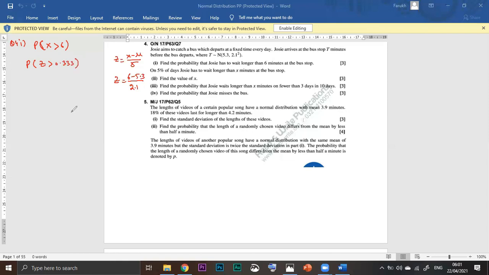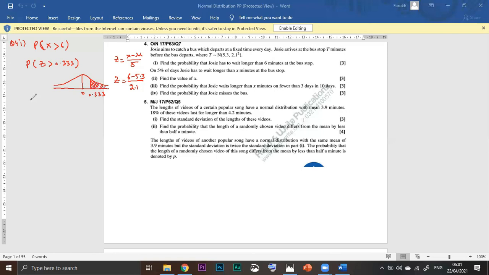0.333. Now we will draw the diagram. Diagram is very important. With 0 in the center, 0.333 is on the positive side, and we want to find out the area on the right of 0.333.